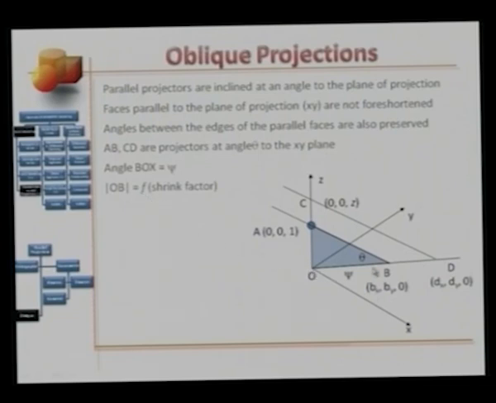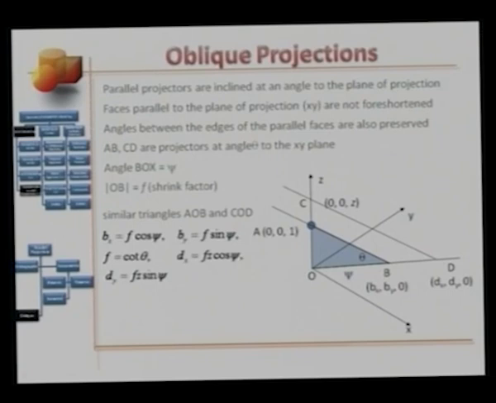This distance OB is F, which is the shrink factor. It is not difficult to note that triangles AOB and COD are similar. We can use some trigonometry to determine different coordinates: B sub x, B sub y, D sub x, and D sub y.